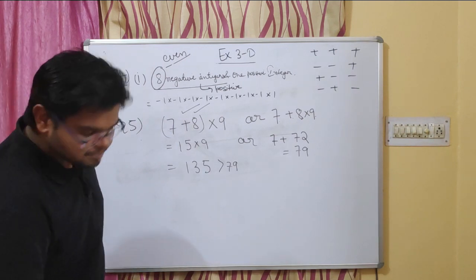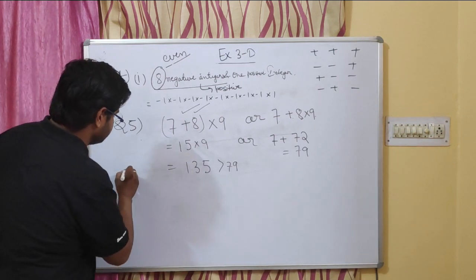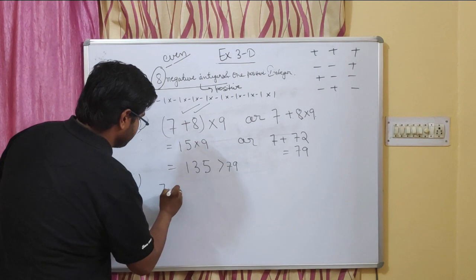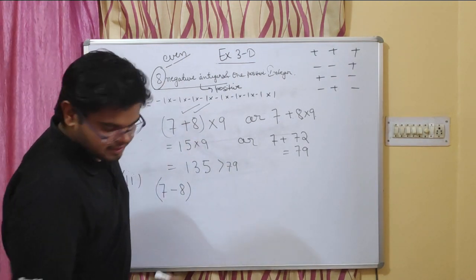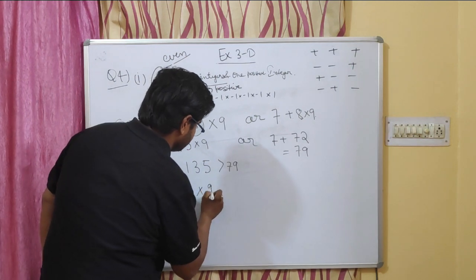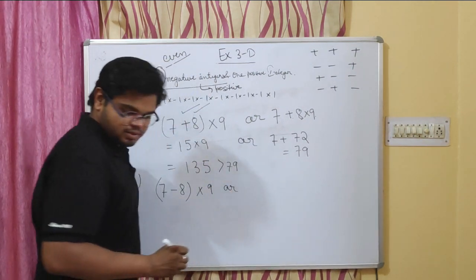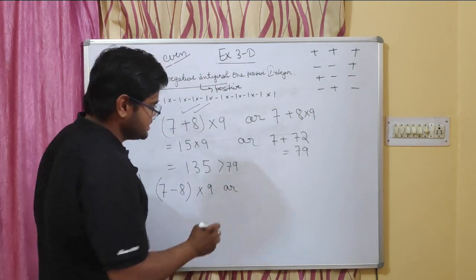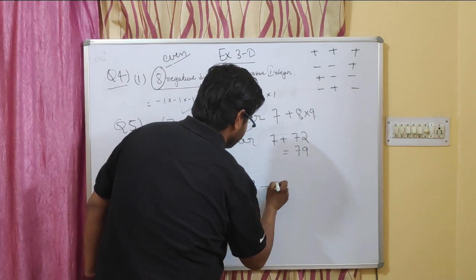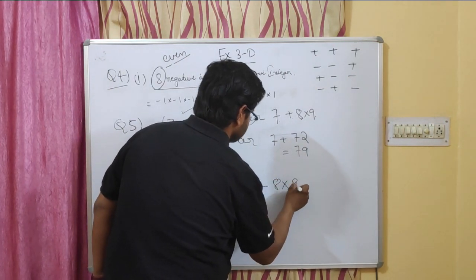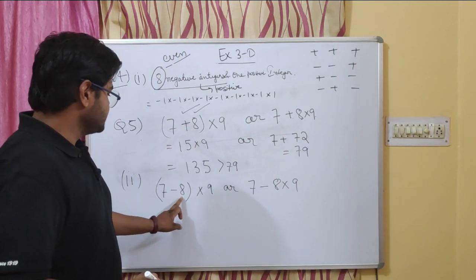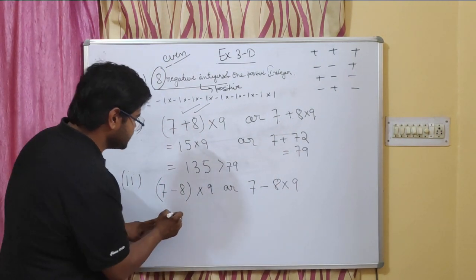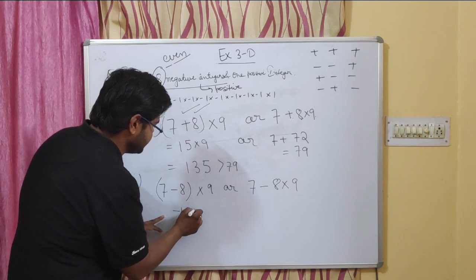In the second part, you have 7 minus 8 into 9 or 7 minus 8 into 9. So here you will subtract 8 from 7, so you will get minus 1 into 9.